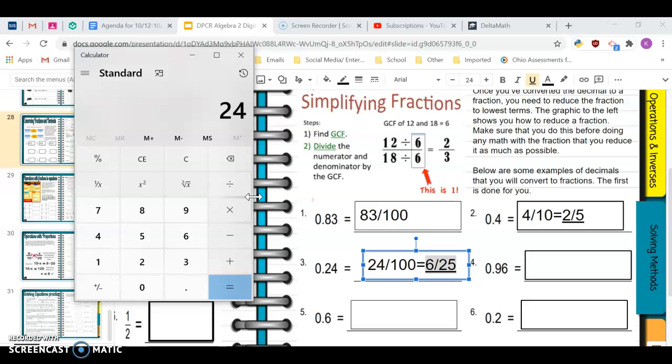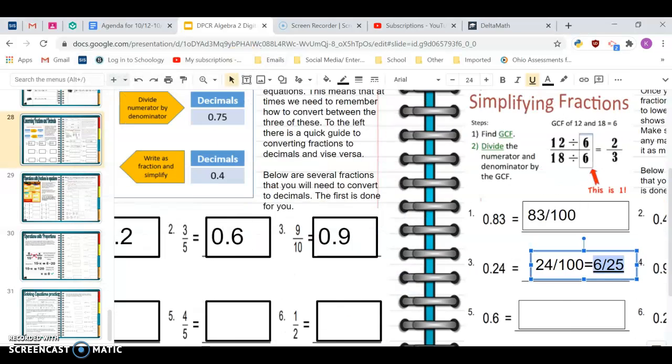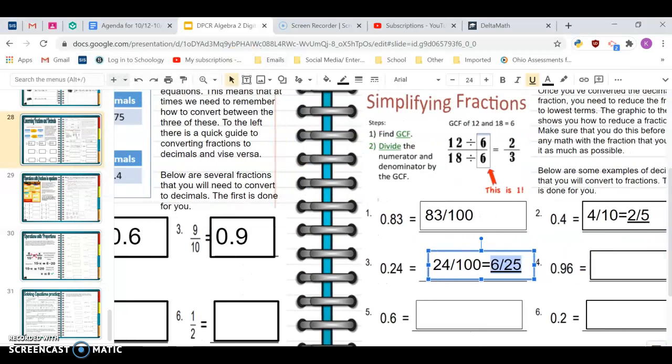Then 24 divided by 100 is 0.24, and 6 divided by 25 is 0.24. So those all work out just how we want them to. The remaining parts, you are going to go through and do the rest of these examples on your own.